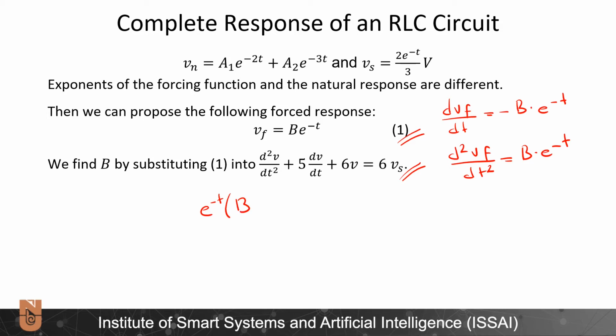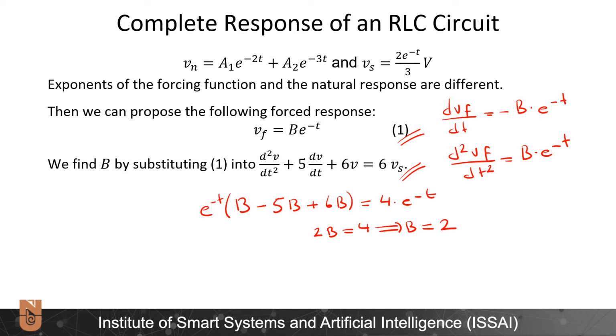Everything in the e to the minus t parentheses will be b plus minus 5b plus 6b is equal to 2 times e to the minus t. And from here I get 2b is equal to 4 and accordingly b is equal to 2.